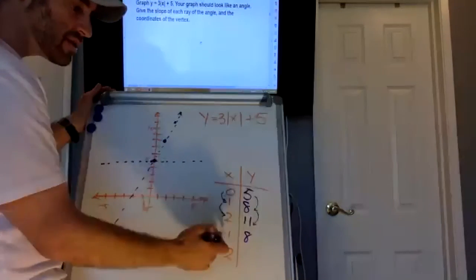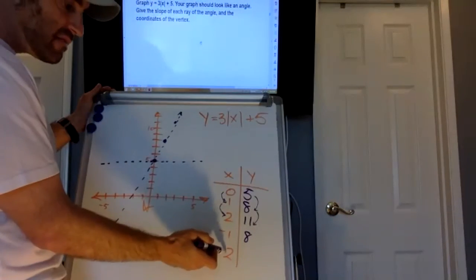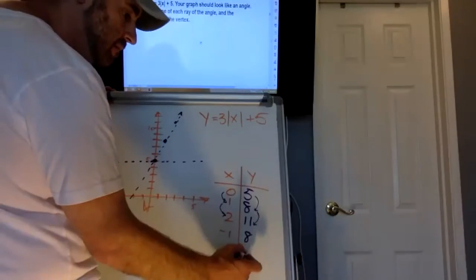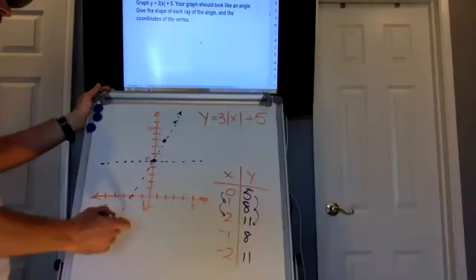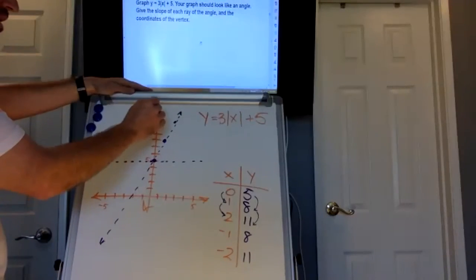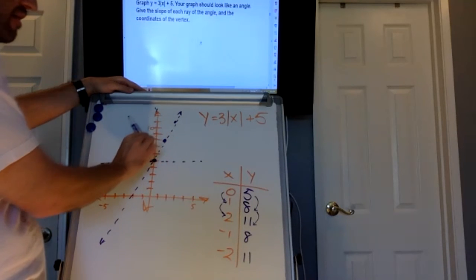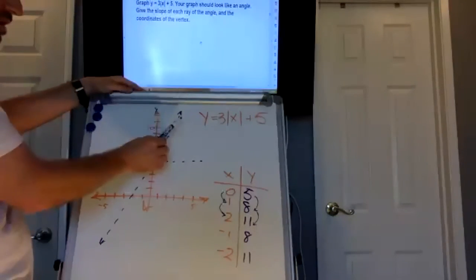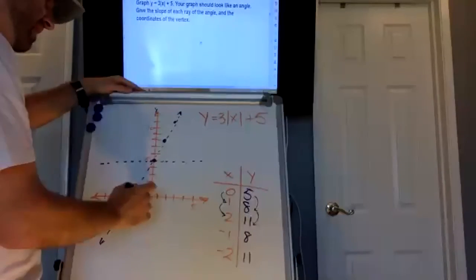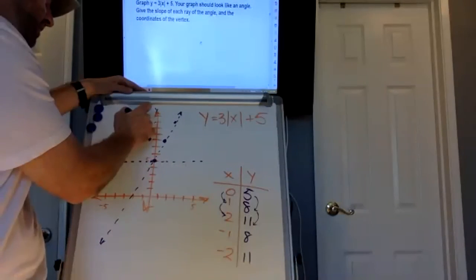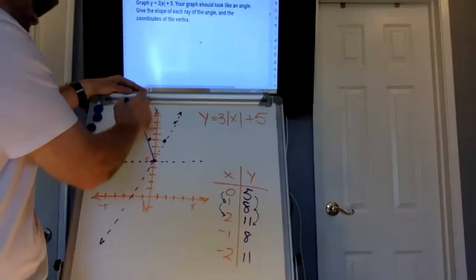You're going to get the same answer as +1. -2 will give you the same answer as +2. It's like a reflection in a mirror. Right? If the y-axis is a mirror, then the right side of it is going to look just like the left side of it. It's going to be a mirror reflection of it. Okay? So then -1, 8 is here. -2, 11 is here. You're going to get this V.